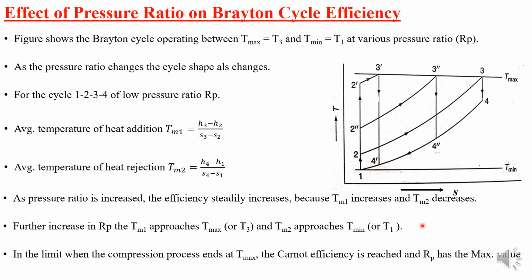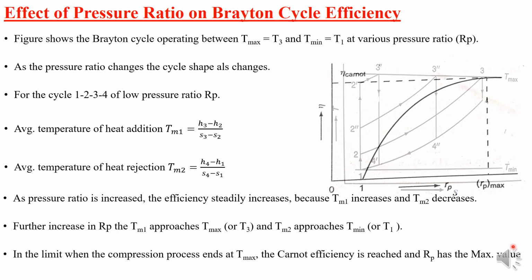With respect to that limit, the value of RP you get is the maximum RP you can reach for the system. You can't go beyond that value. So for that maximum level, what is the value of RP, that is what we have to find out. That is the RP maximum value.